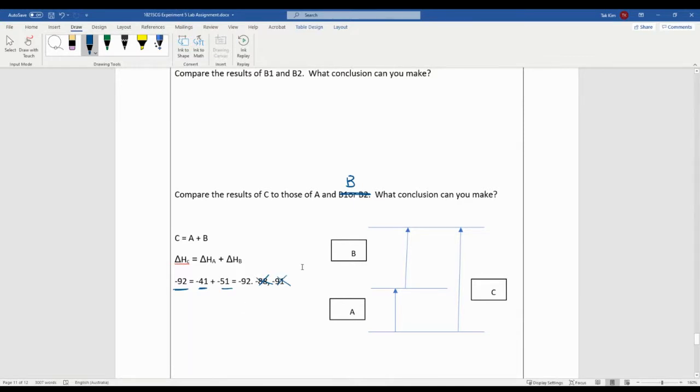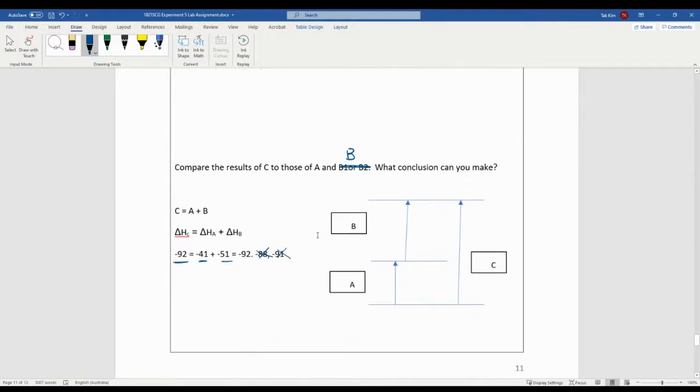So this is something you will learn in your last week's content, which is all about Hess's law. And then you should be able to find further information in your intro of this experiment.